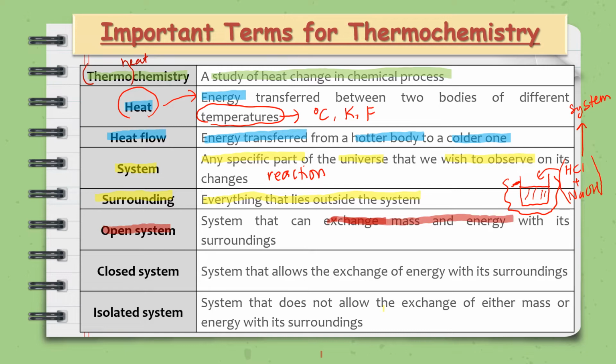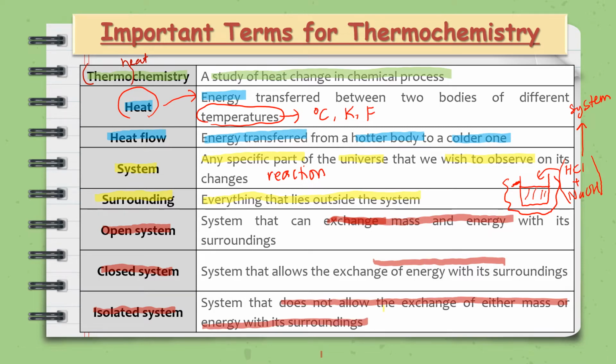Let's take a look at the 3 terms first. Then we have closed system, a system that allows exchange of energy with its surrounding, and isolated system, a system that does not allow the exchange of either mass or energy with its surrounding.